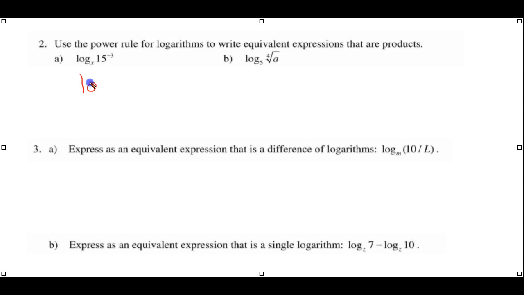You write log of base x. That part stays the same. But we now take the exponent to indicate that we're going to multiply and put it in front. And then we put the 15 there.